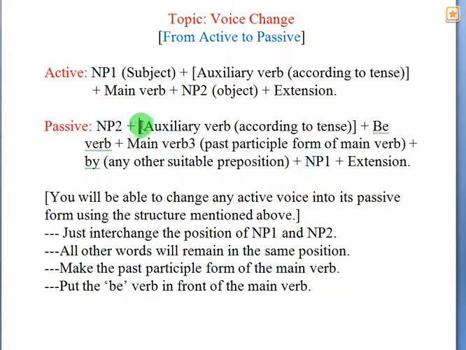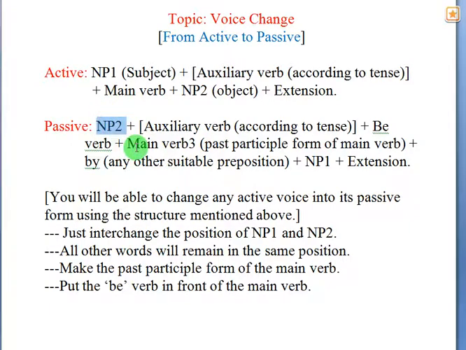Then if there is an auxiliary verb in the active voice, you will have to use an auxiliary verb of the same group in the same place. In passive, we will have to use an additional be verb, and the be verb will be used according to the necessity of the auxiliary verb just placed before it. And if there is no auxiliary verb, then the be verb will match itself with the subject.